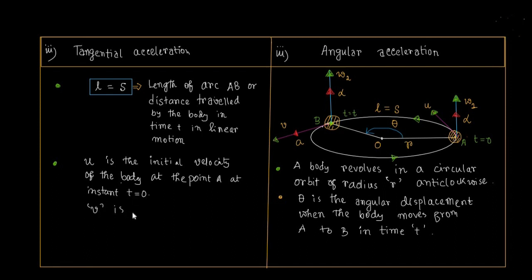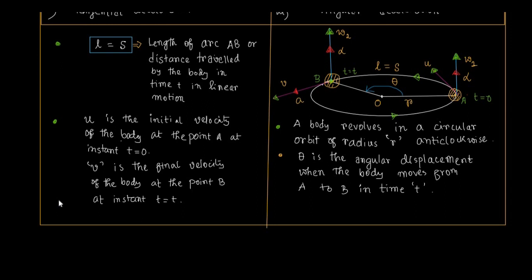Similarly, v is the final tangential velocity, or final linear velocity, of the body at the point B at instant t equal t second. U and v both are linear velocities or tangential velocities at the initial point A and final point B.